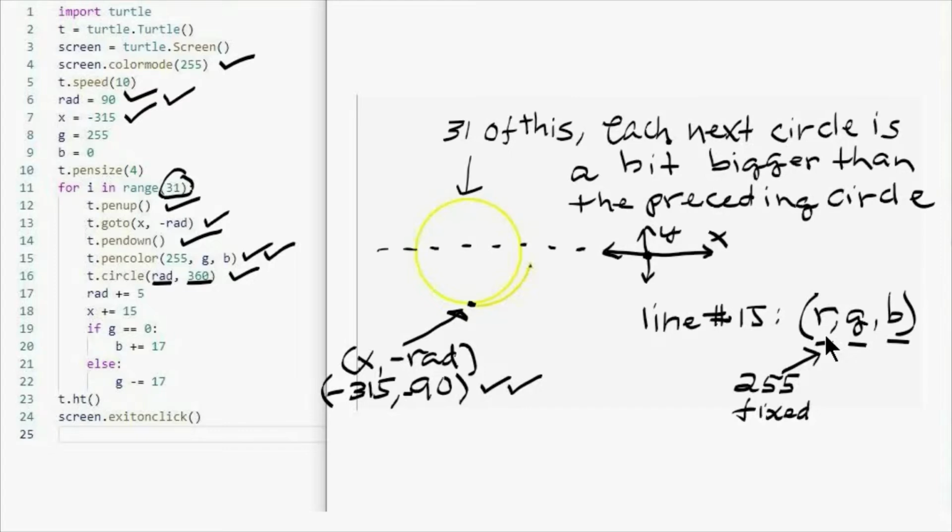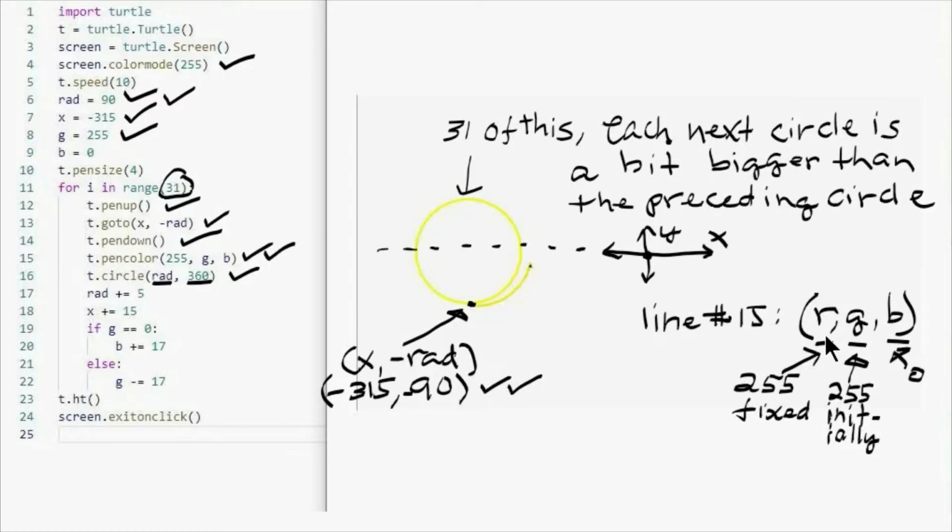And then the G here, look at line number 8. It is initially 255. And then the B at this point is 0 initially.